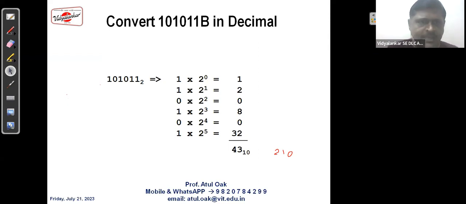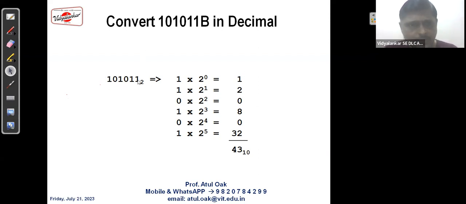And this is a direct example. Okay, now we can be little more towards understanding rather than stepwise, because now we are in flow. So convert 101011 binary in decimal. That is a simple question. Observe it.